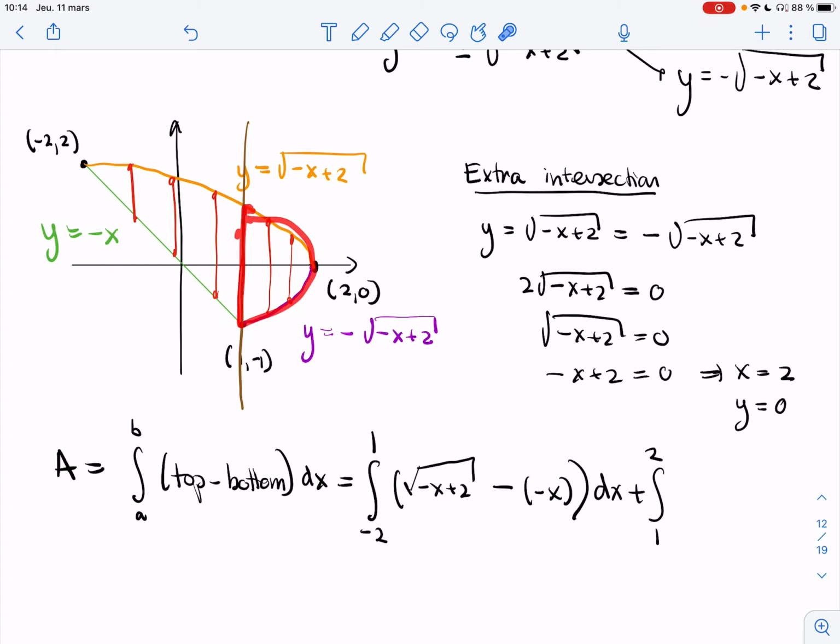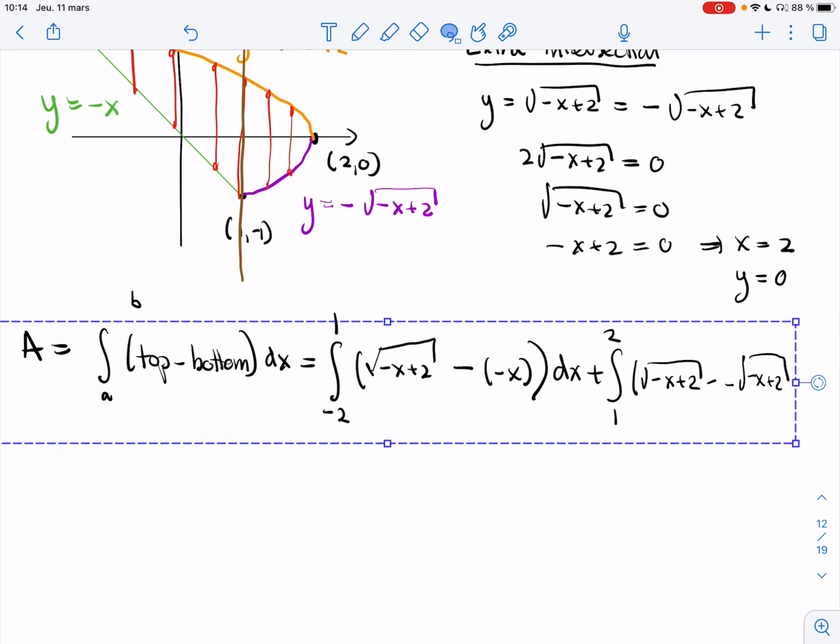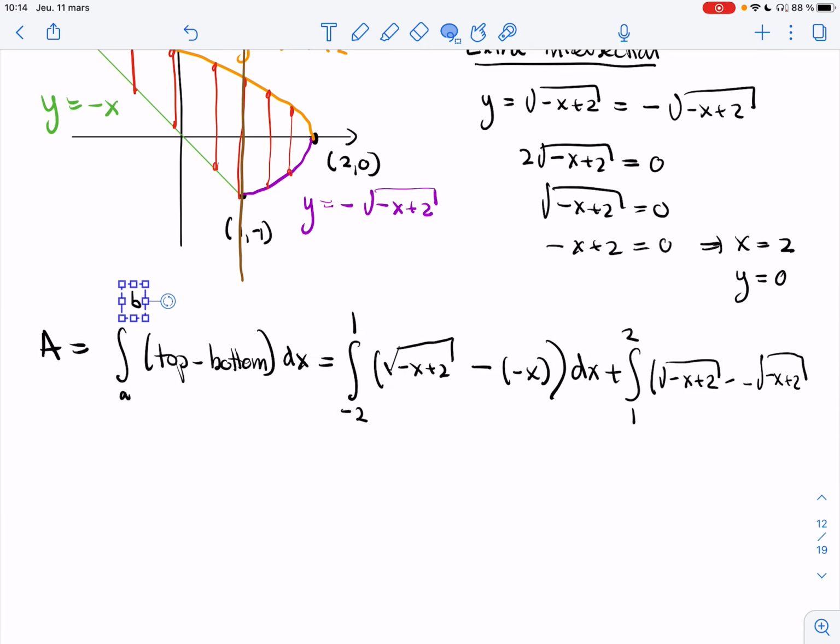So top is going to be this curve, and bottom will be this one. It will be the purple one. So here I have root of minus x plus 2 minus minus root of minus x plus 2. Sorry, I'm a bit short on room. Let me move everything slightly that way so I can just write my dx.